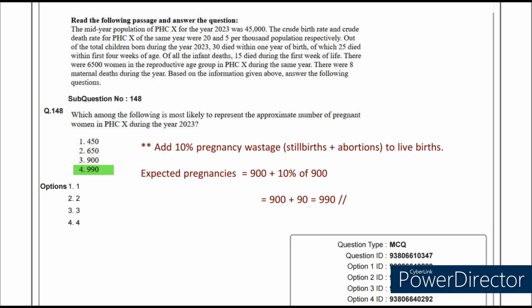So the correct option should be 990. Most of the people, I think, have picked option 900, right? But always keep in mind, whenever you see these types of questions, always add 10% pregnancy wastage, because not all pregnancies will lead to live births. They can include stillbirths and abortions also. So 900 plus 10% of 900 comes to 990.